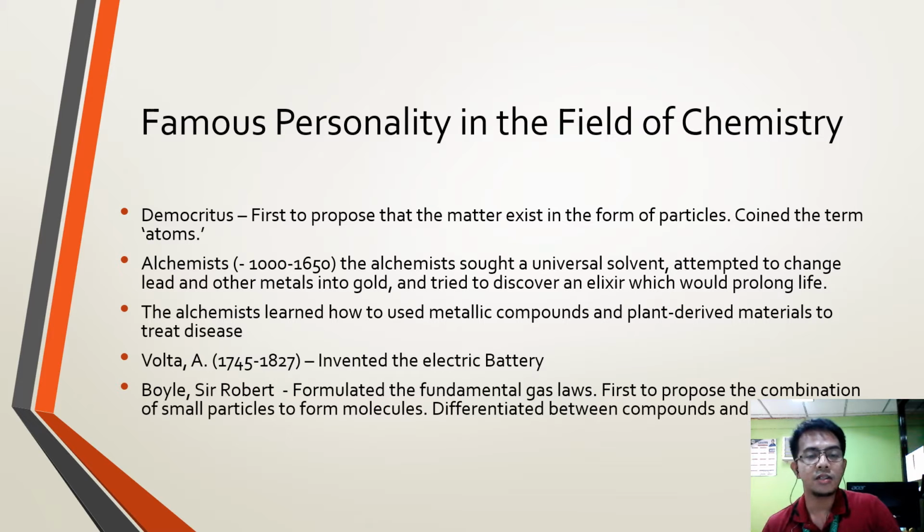The alchemists also learned how to use metallic compounds and plant-derived materials to treat disease. Then Alessandro Volta invented the electric battery, and Sir Robert Boyle formulated the fundamental gas law, proposed the combination of small particles to form molecules, and differentiated compounds and mixtures.